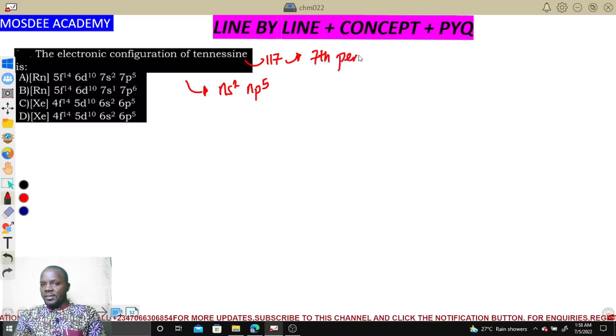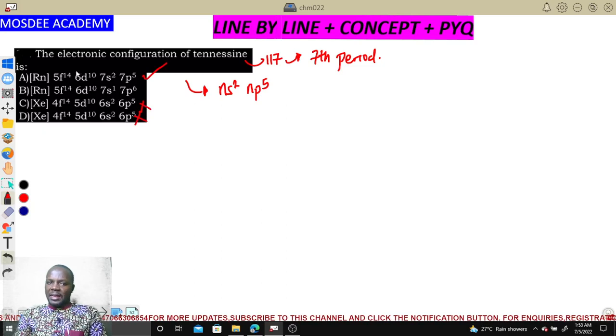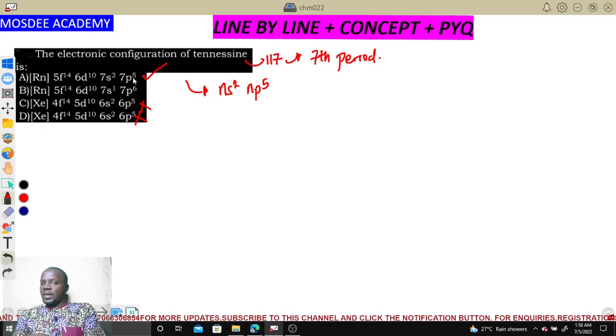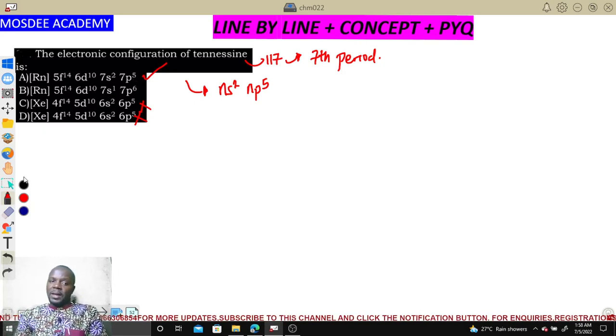Because it's in the 7th period, n will be 7. So it can be this, it can be this, and this is not the general configuration. So definitely this is the answer. And again, it should be the highest noble gas close to tennis, and that is why we are taking this. This is radon. So keep that at the back of your mind.